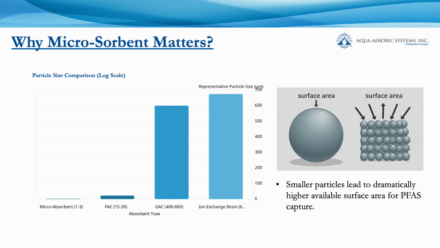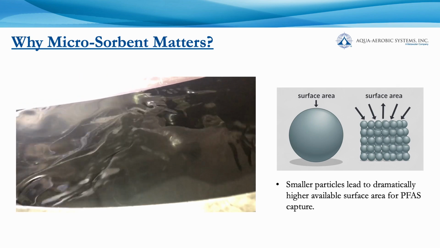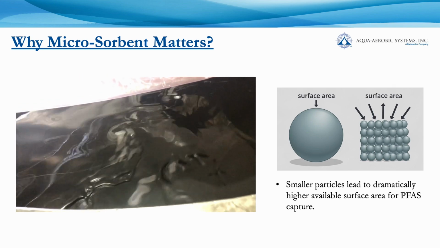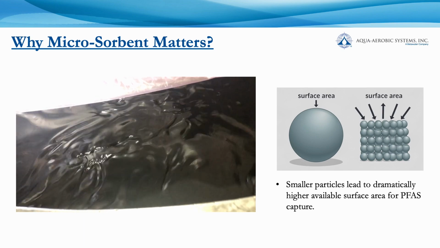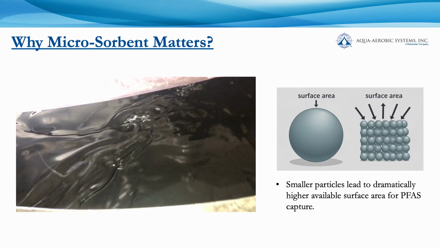So when you think about the surface area of a normal granular activated carbon media versus this very small size, we've dramatically increased the physical surface area, allowing for high absorption of PFAS at high concentration along with kinetic rates. Here's the absorbent at about 10 grams per liter. It's really water coming in contact with a slurry, ensuring removal of PFAS.